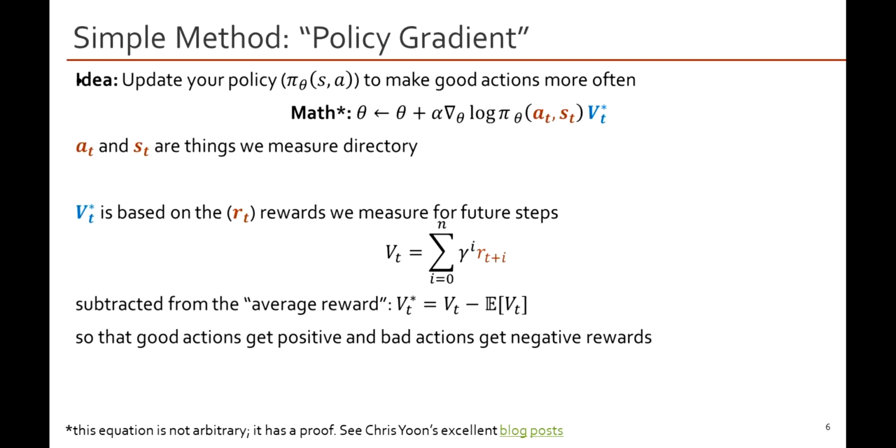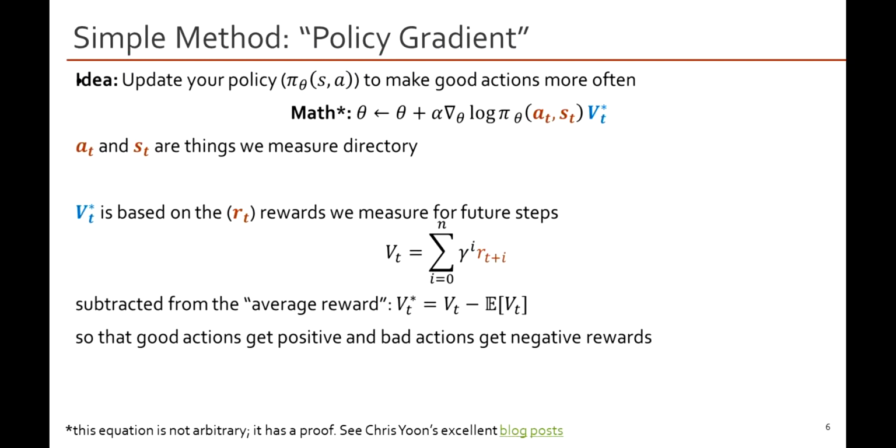And the way that I can do that is by taking my current parameters and updating them based on the gradients of my policy predictions. Here I'm looking at my log probability of choosing a certain action given a state, and multiplying that by a value where positive values are good, negative values are bad.